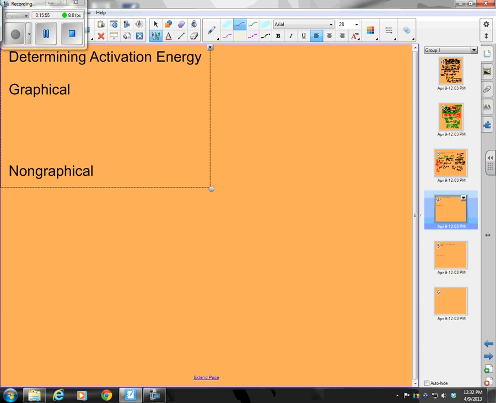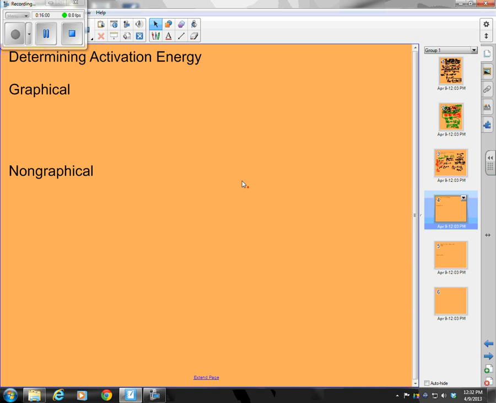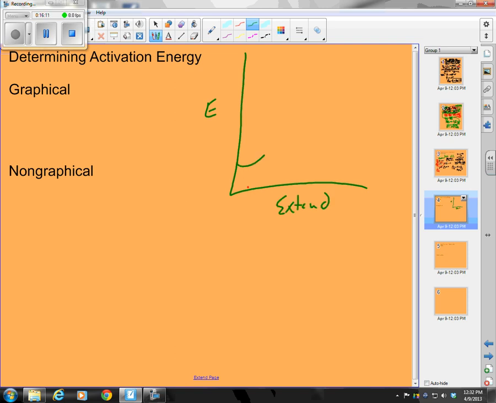Activation energy. We drew a picture of activation energy, right? We've got energy on this axis and extent of reaction on this axis, and we draw something like that. If this is higher and this is lower, that means my products have less energy than my reactants, so delta H is less than 0.